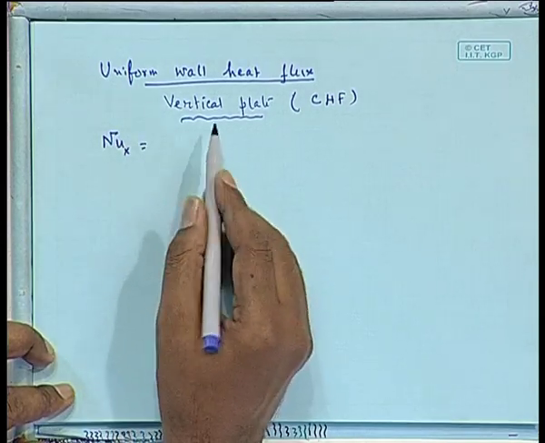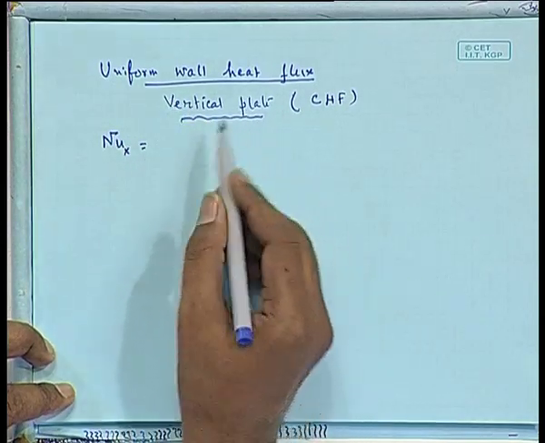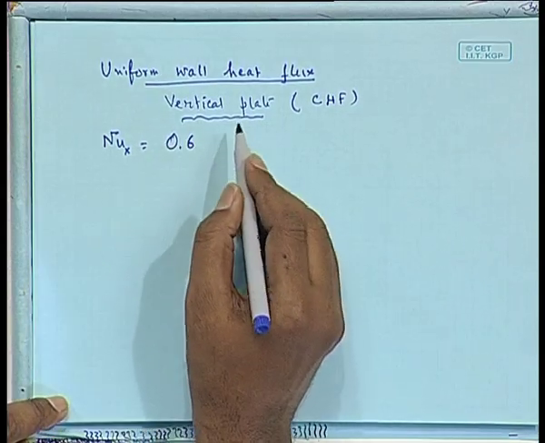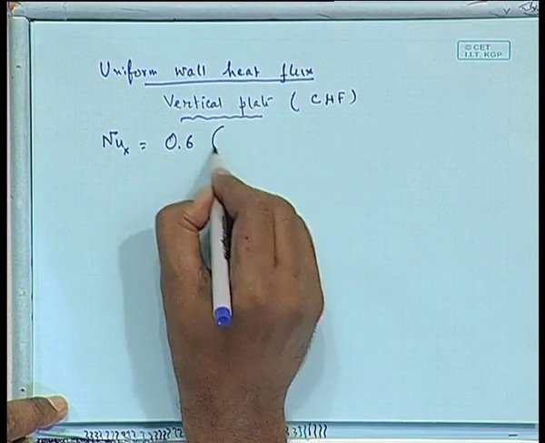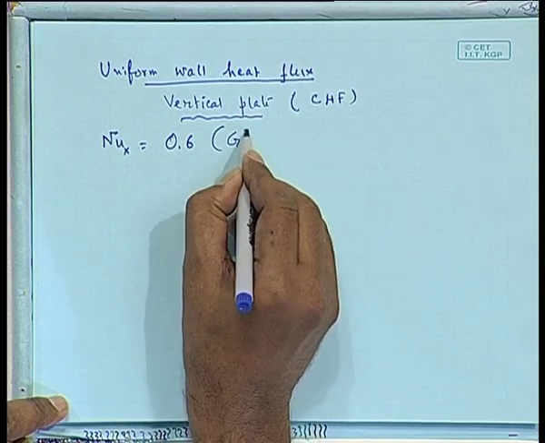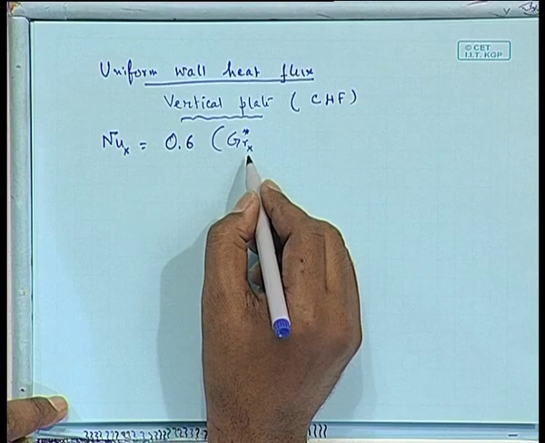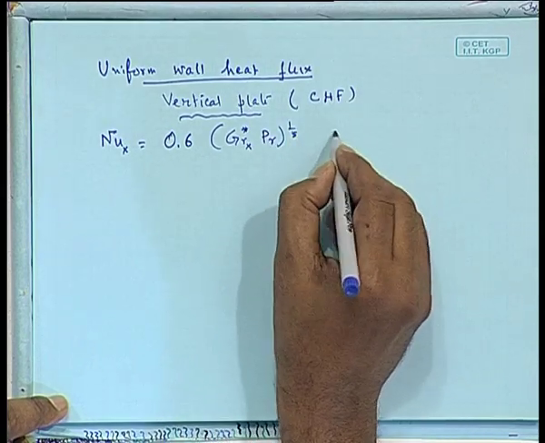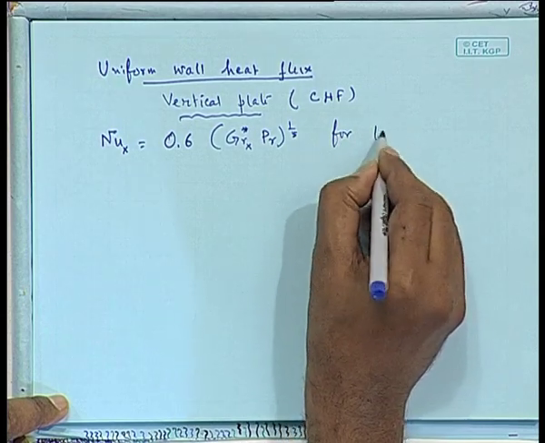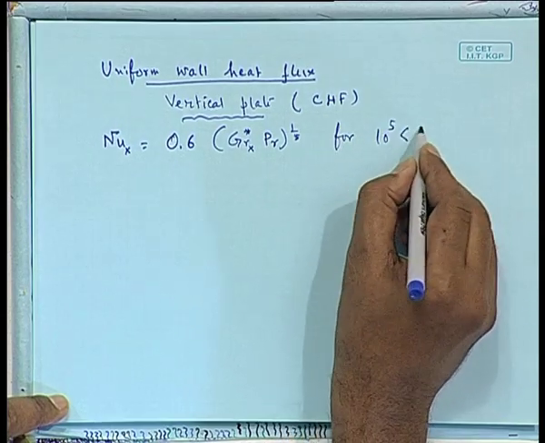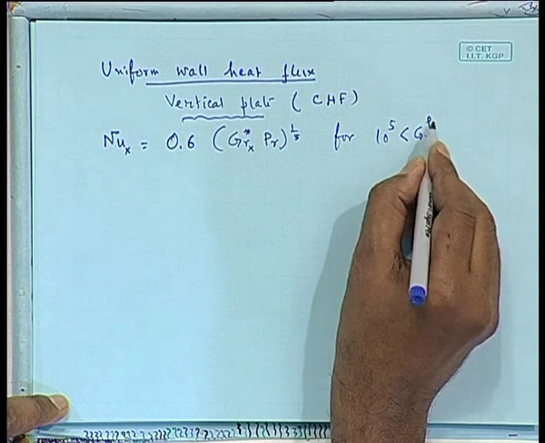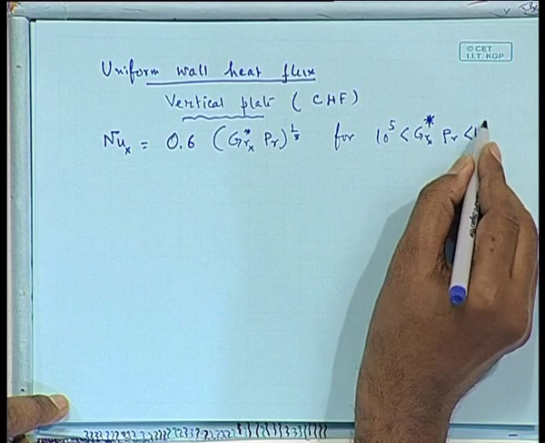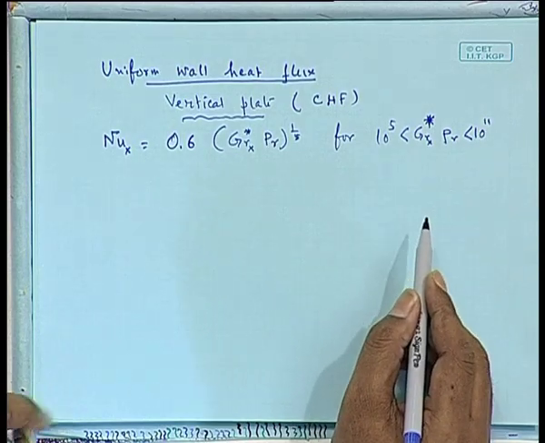In the case of uniform wall heat flux, the local Nusselt number is defined at any x location from the leading edge. It depends on the Grashof number based on length x, and Prandtl raised to the power 1 by 5, for local Rayleigh number or Grashof times Prandtl lying between 10 to the 5 and 10 to the power 11.